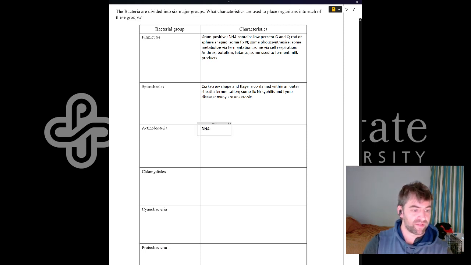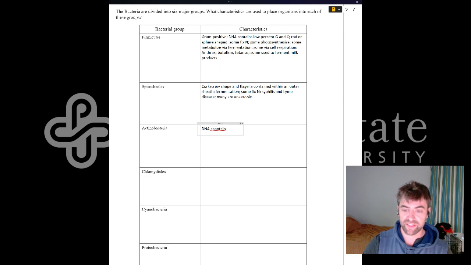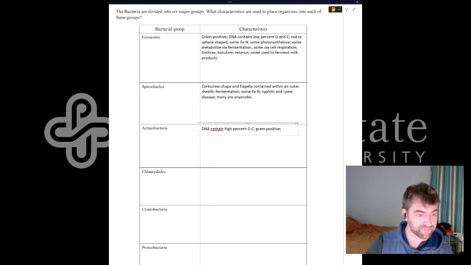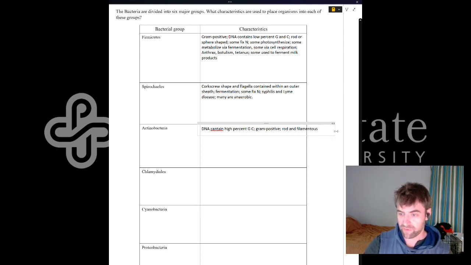Actinobacteria. These have DNA that contain high percentage of guanine and cytosine. These are also gram-positive, having that thick outer wall. Rod and filamentous shape.